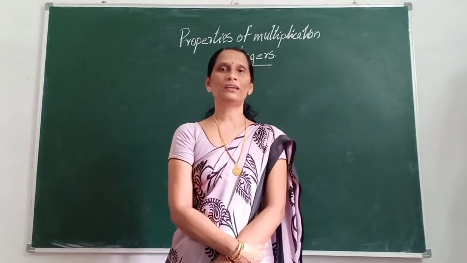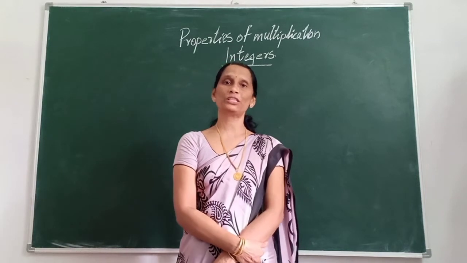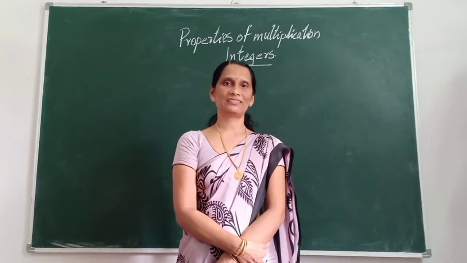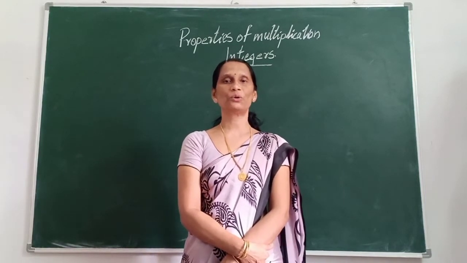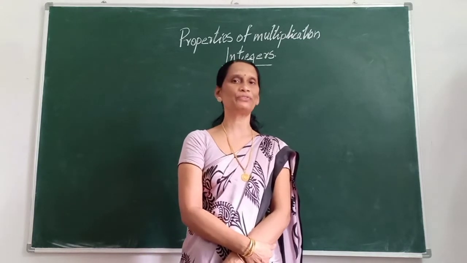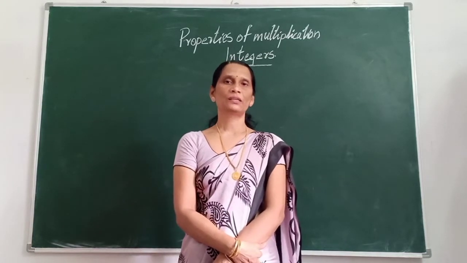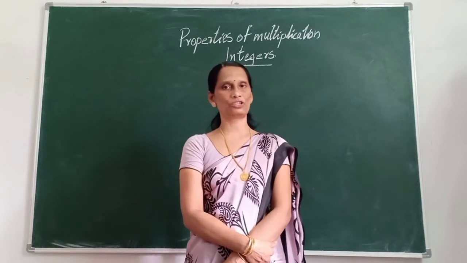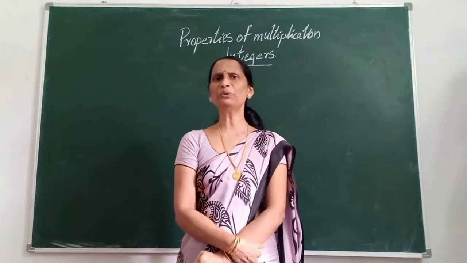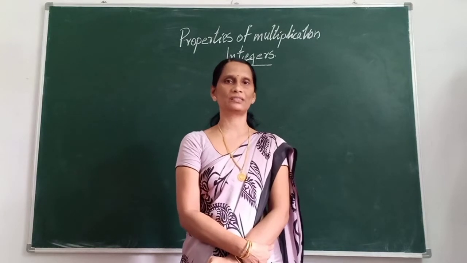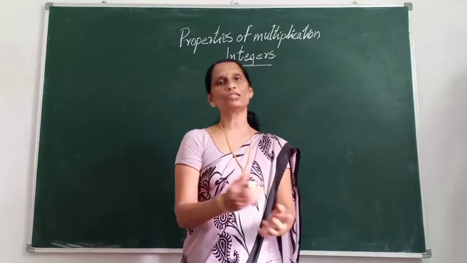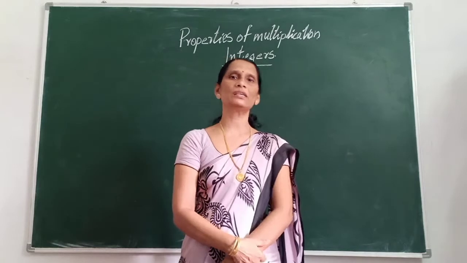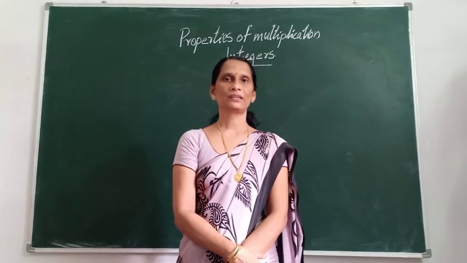Okay, today we are going to learn about the properties of integers under multiplication. Already we have learned the properties of integers under addition. Already you know how to multiply two integers. A negative integer into a negative integer always gives a positive integer, right?